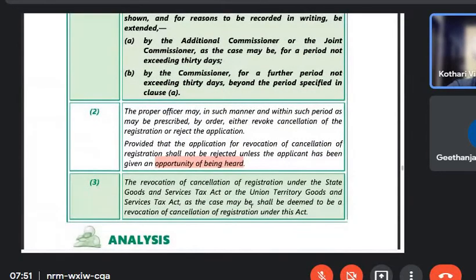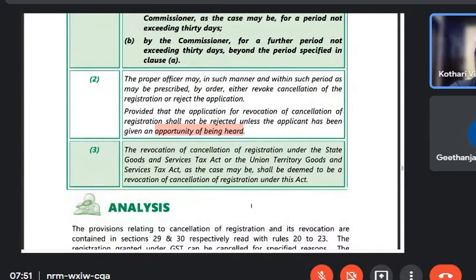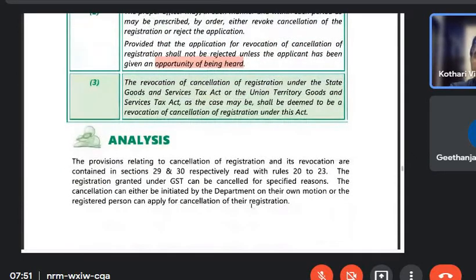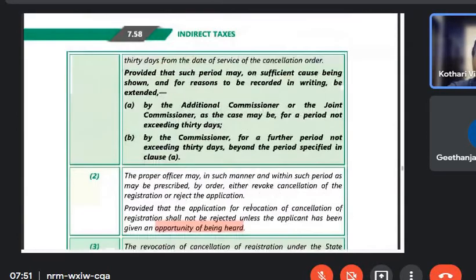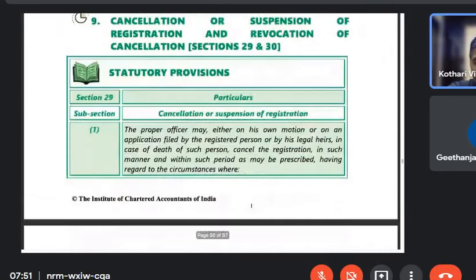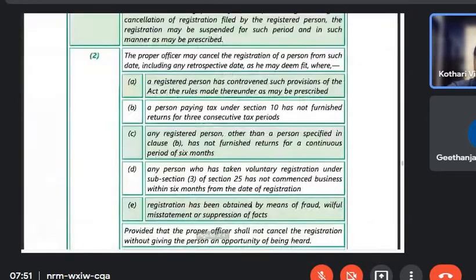Once you apply for revocation, the proper officer may either accept or reject your application. If he accepts, your registration is valid again. If he rejects, he has to give you an opportunity of being heard and then decide. Revocation under this Act means revocation under the SGST and UTGST Acts also.